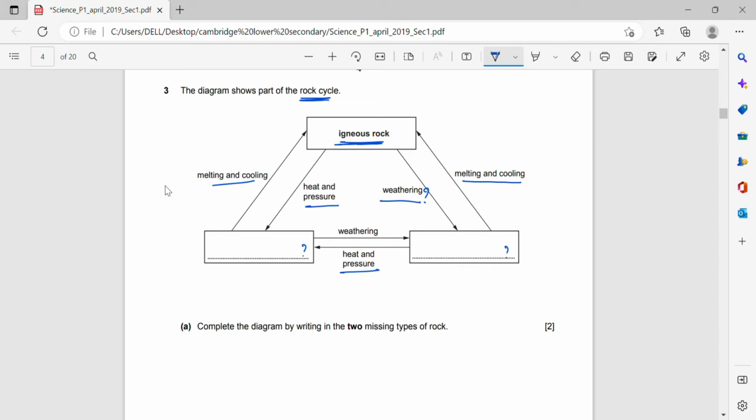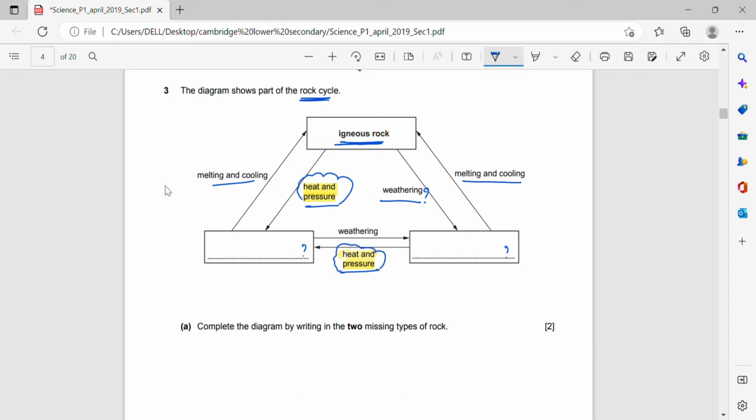طيب. The key word here إيه عشان نعرف. We have this type of rock subjected to heat and pressure. فاكرين أما قلنا which type of rock is formed because of the heat and pressure when applied on the other two types of rocks?